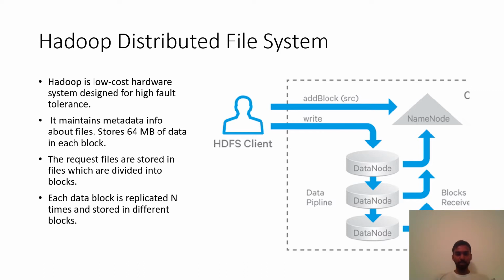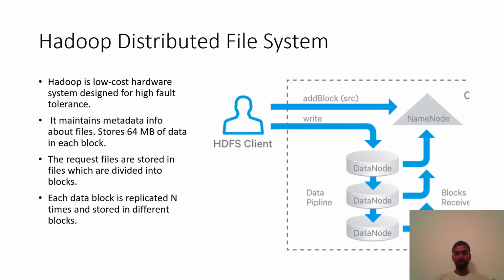It maintains the data in the form of metadata, and it stores about 64 MB of data in each block. The requested files are divided into blocks, and each data block is replicated n times and stored in different blocks. The minimum is 3, so it is replicated at least 3 times.